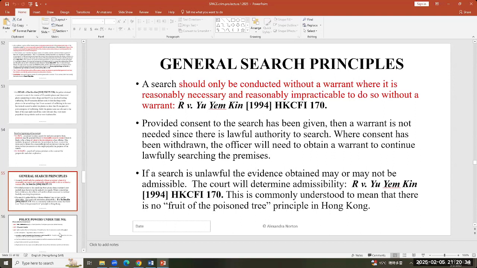If someone gives you consent to search the premises, you don't need a warrant because the consent has been given. And if the search is unlawful, then because there is no fruit of the poison tree, whether the evidence that's obtained on the back of an unlawful search is admissible or not depends. That's for the court to decide, weighing up whether the probative value outweighs the prejudicial effect.